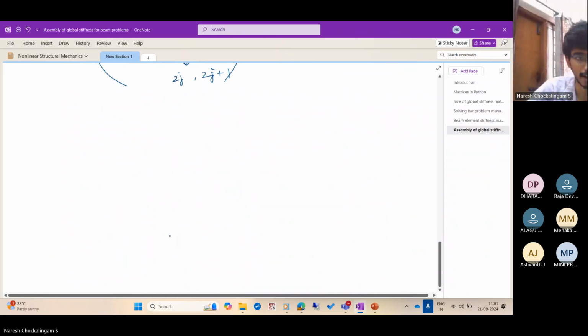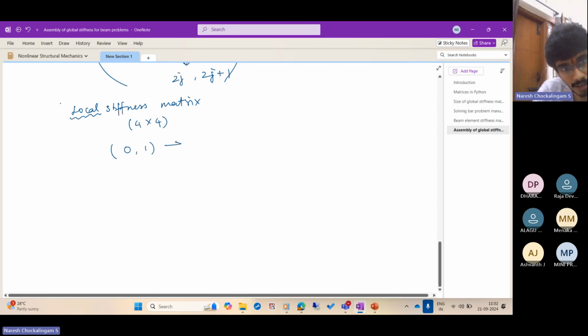Now you think about this logic. In the local stiffness matrix, remember local, not the global one, the local stiffness matrix is of size 4 cross 4. In that, row 0 and row 1 are for node 1, and row 2 and row 3 are for node 2.